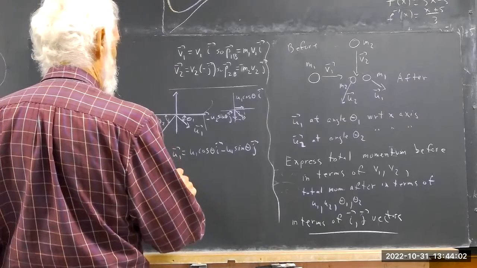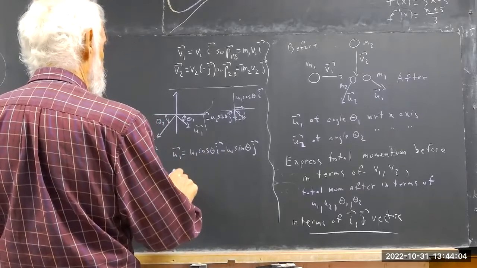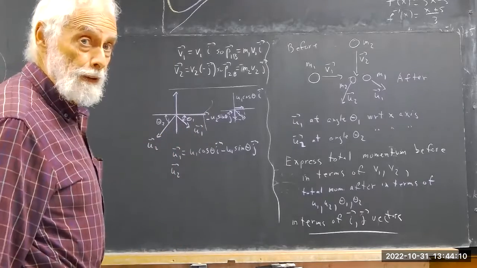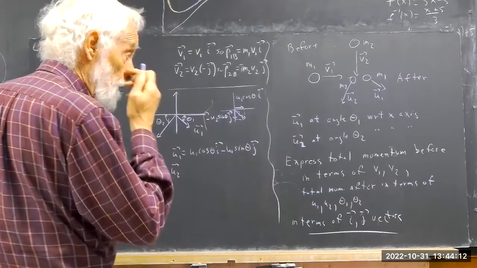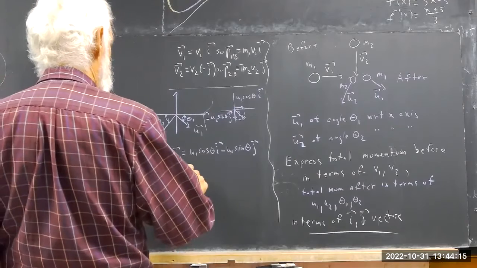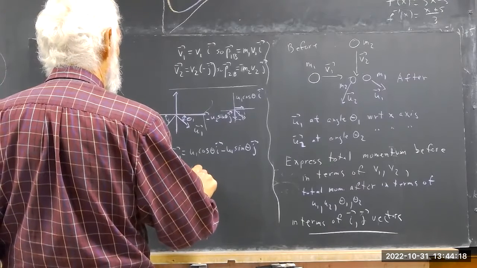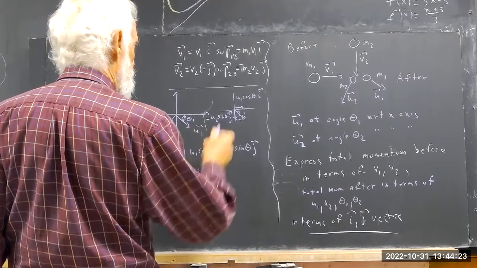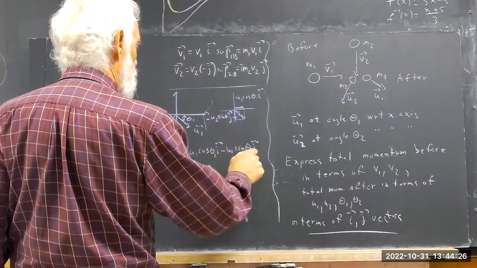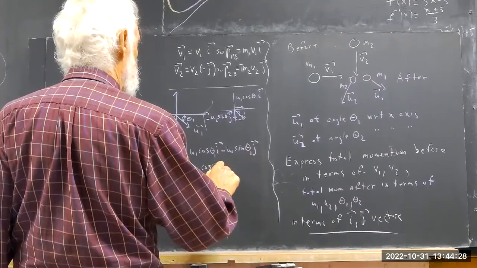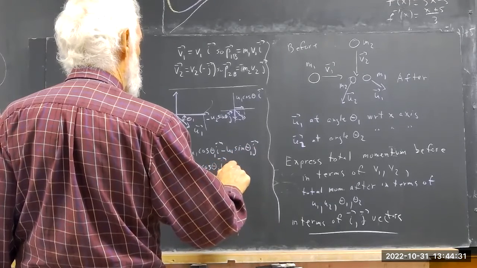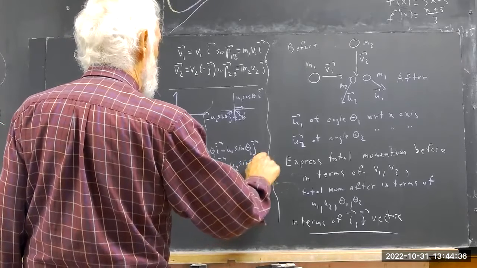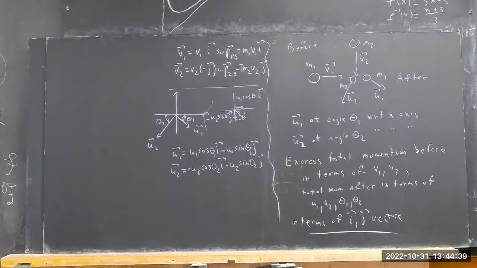And then here we have U2. Both the x and the y components are going to be negative because that goes down into the third quadrant. So U2 is negative U2 cosine theta 2 I minus U2 sine theta 2 J.